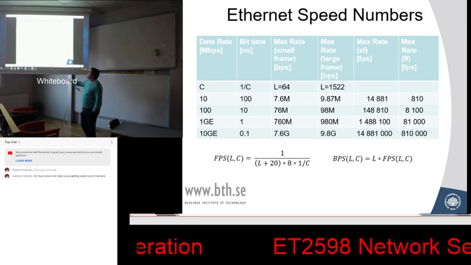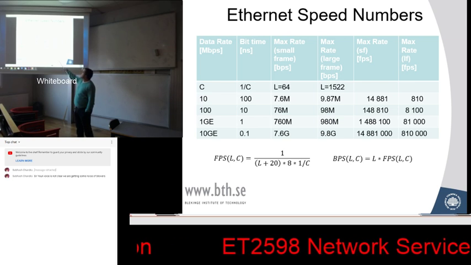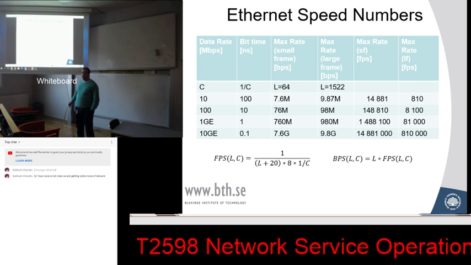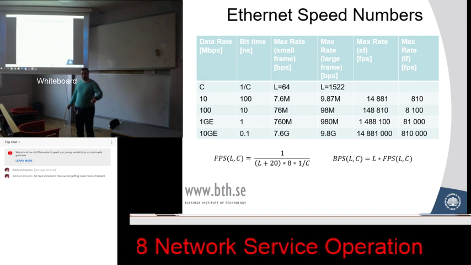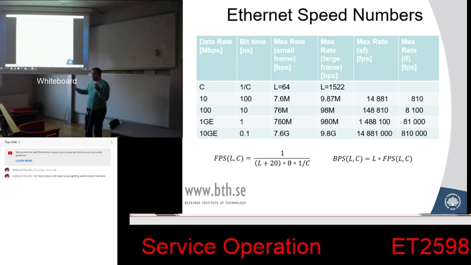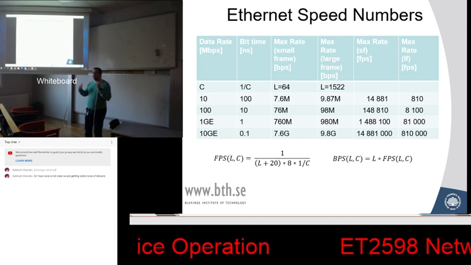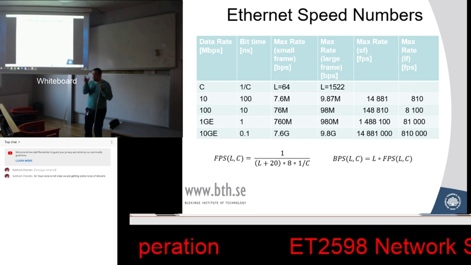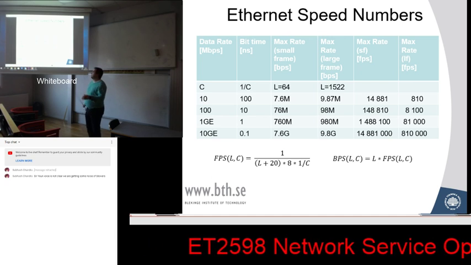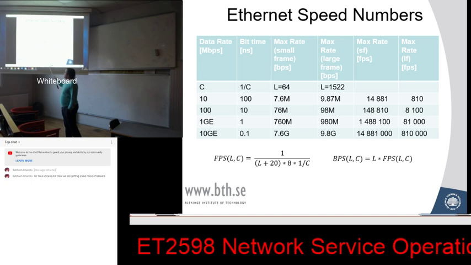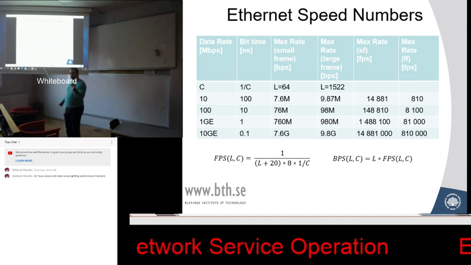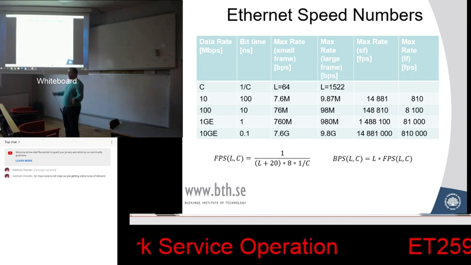Now, as you see, when we increase the frame to 1500 bytes, we get a bit closer. We get to 980 megabits per second. Not really there, but it's better, right? The reason we're not really getting to 1,000 is again the frame gap. We still need to have a bit of silence and overhead to manage this. Now, those are, in my view, not that important, but I keep them as a point of reference.